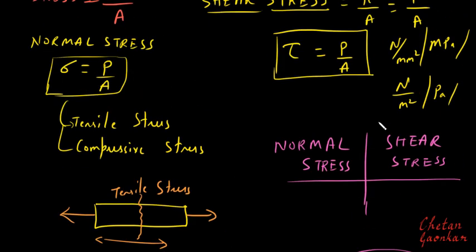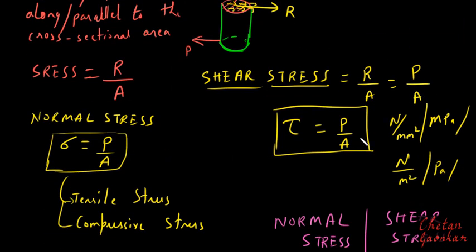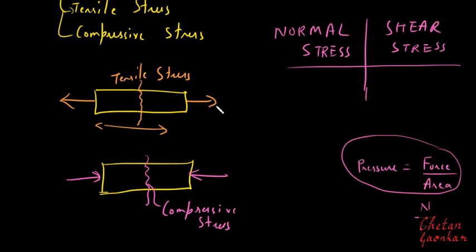Pressure gets generated because of the external applied force. If I'm applying some force here, then on this surface I can calculate what the pressure is. But stresses are developed because of resisting forces and not because of the applied forces.